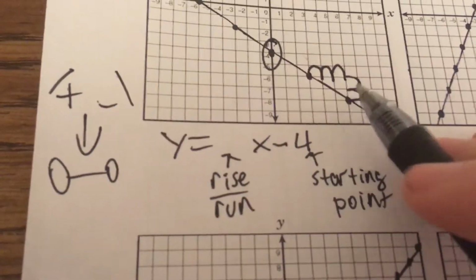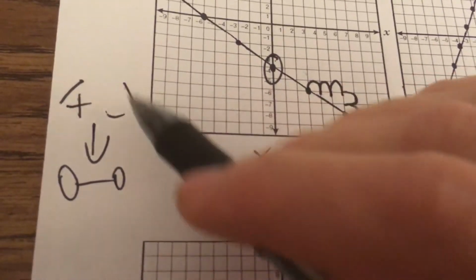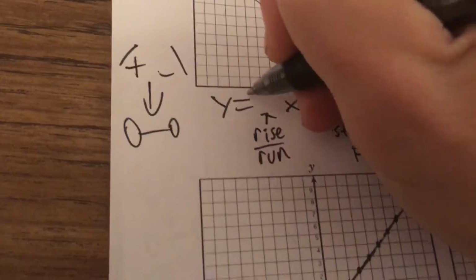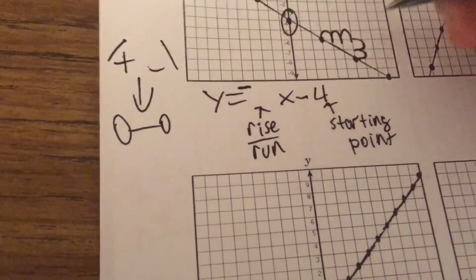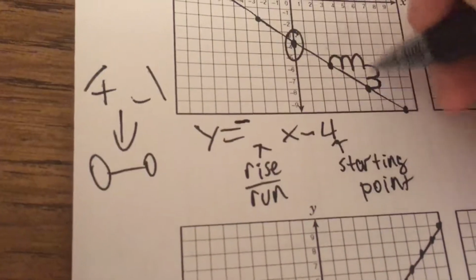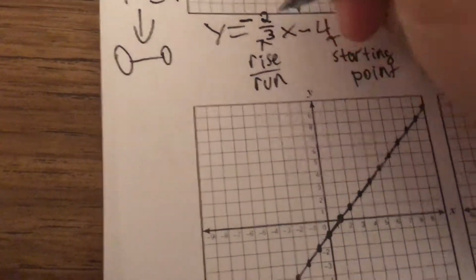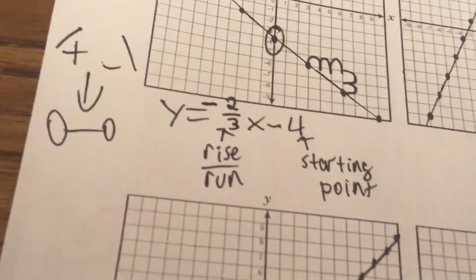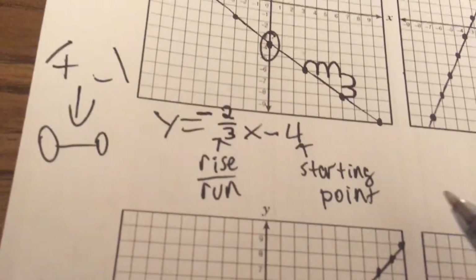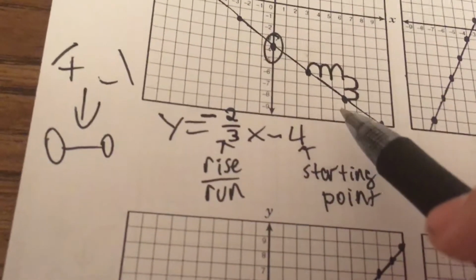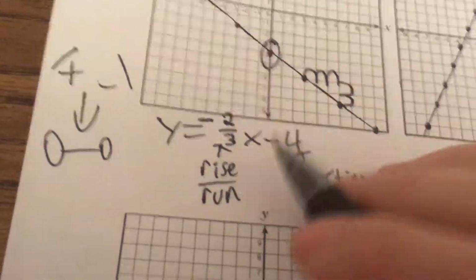I think the slope is negative because it looks like slope man's right eye. So I'm going to say it's negative, rise 2, run 3. -2/3. Y'all are doing a great job not interrupting me today while I teach. This is so easy. -2/3 x minus 4. There you go.